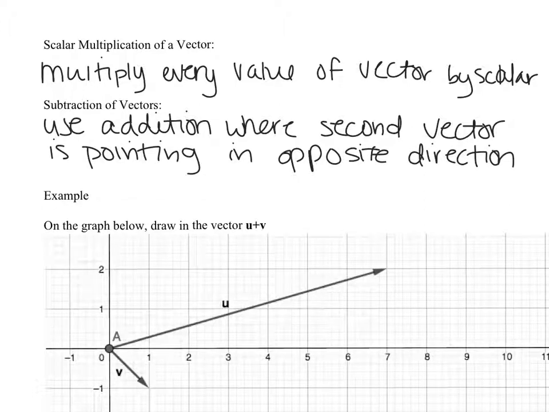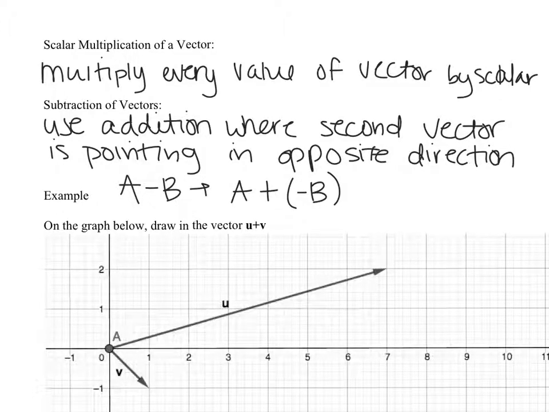So what that means is, if I am doing A minus B, I can rewrite that as A plus negative B. So we take our vector B, multiply it by a scalar of -1, and then we use one of our addition methods. So subtraction is actually going to become addition of a negative number.